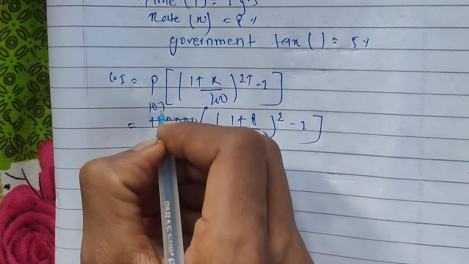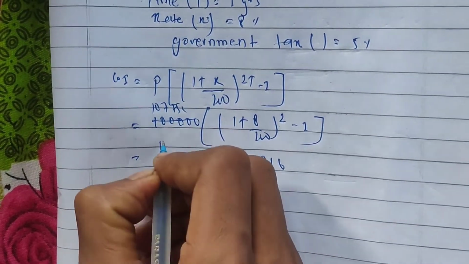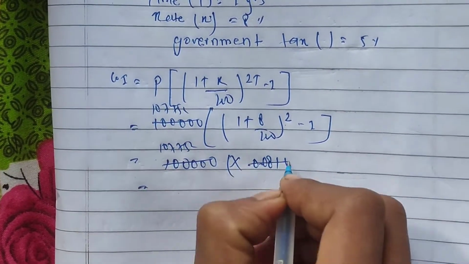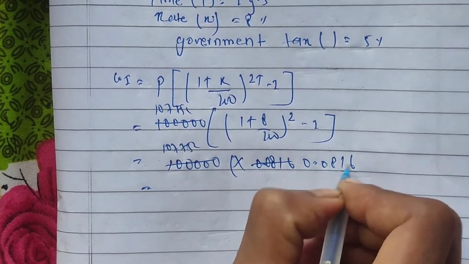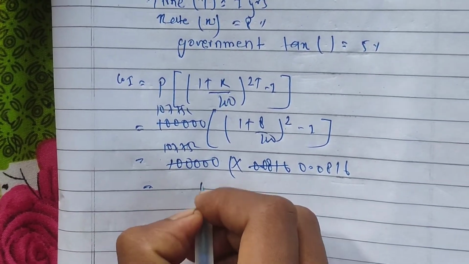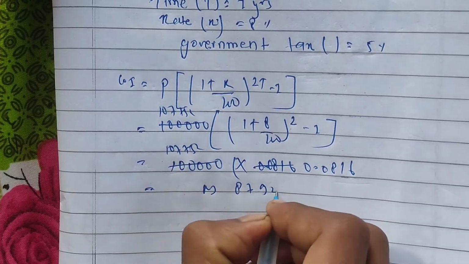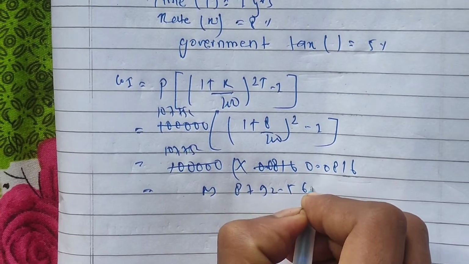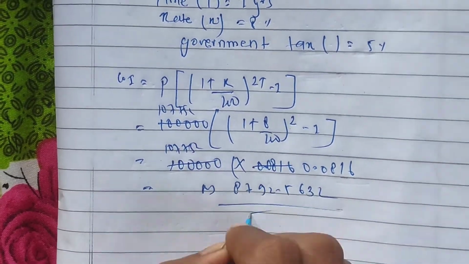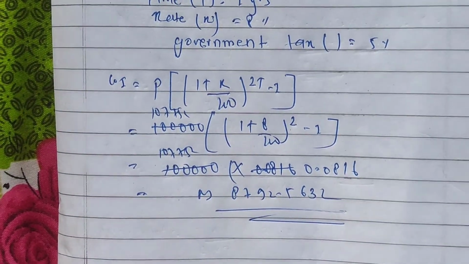This will be 107752, and this is 0.0816. Now we will multiply, and this will be Rs 8792.565632. Okay, so this is the compound interest semi-annually for the second year.